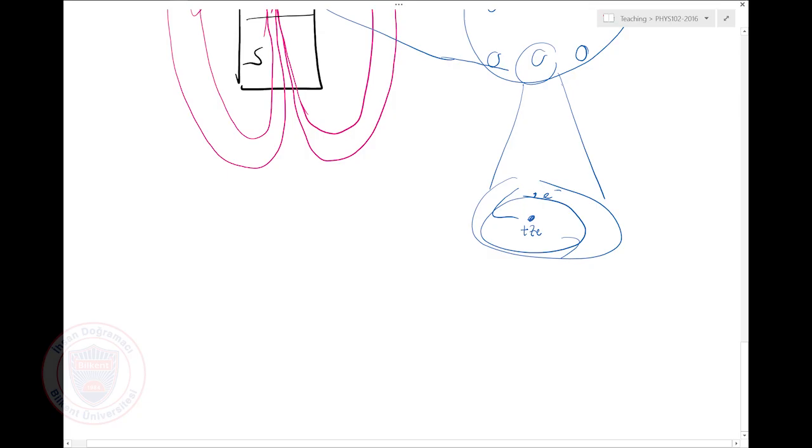So what happens is that my electron orbiting my nucleus is pretty much like a current loop that we've discussed in the quiz, which means it must have a magnetic moment mu. Now, the calculation of that magnetic moment mu cannot be done using the methods we have learned in Physics 101. It's beyond classical mechanics.